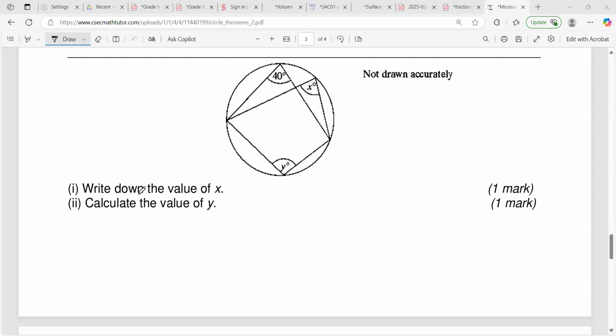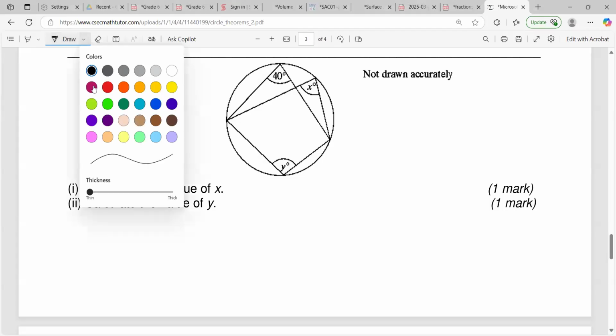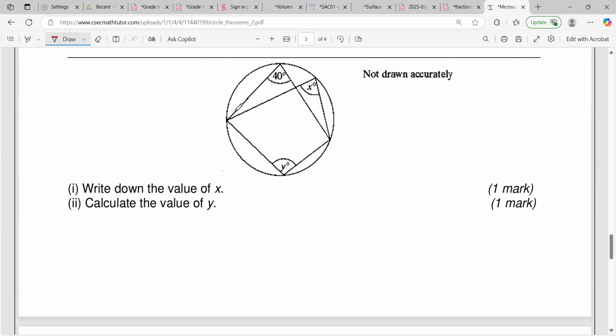All right, so for a it's write down the value of x, and for b it's calculate the value of y. So clearly we can see that if you look at this portion here, let me try to see if I can highlight it. Isn't this what we get in our book as a rule? Just focus on this part and I'm going to try to draw.